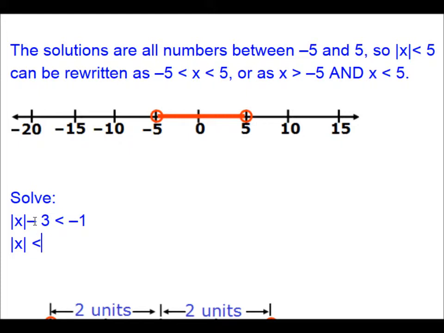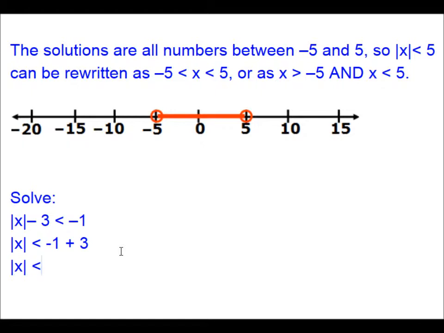So since this is minus 3, if we take it to the other side of the inequality, the sign changes. So minus 3 is less than minus 1 plus 3. Minus 3 changes to plus 3 on the other side of the inequality. So mod of x can be written as mod of x less than 2. 3 minus 1 is 2.